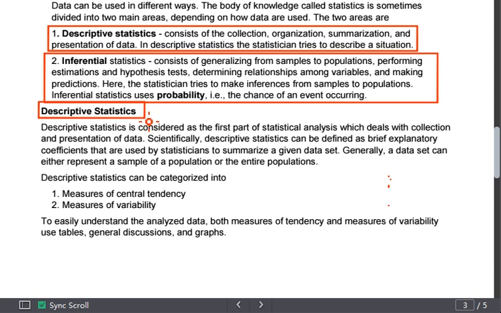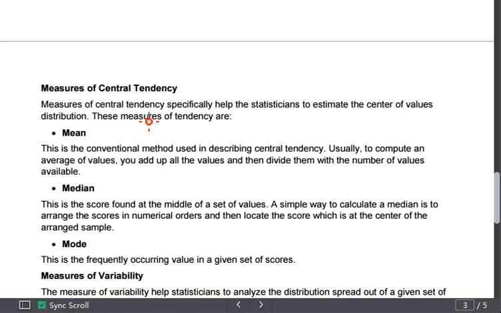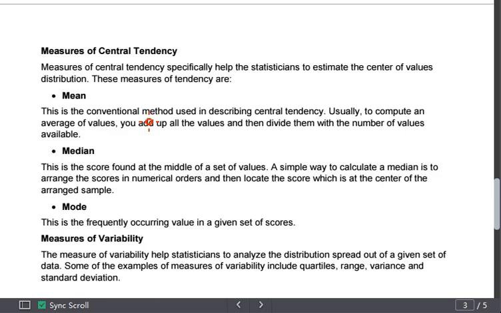So ano nga ba si measures of central tendency? When we say measures of central tendency, it specifically helps the statisticians to estimate the center of values distribution. These measures of tendency are mean, median, and mode.